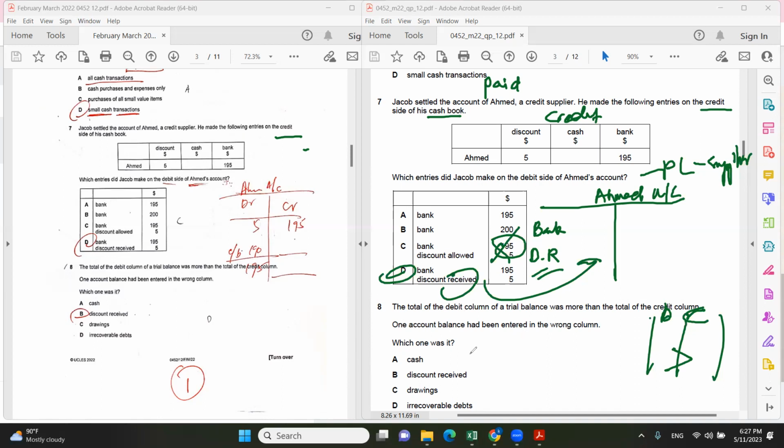Cash should be debit. Discount received should be credit. Drawings should be debit. And then irrecoverable debt should be debit. So what is possible for the wrong side? This one was put into the debit, causing debit to be more than the credit, because these are all debit side. Okay, next.